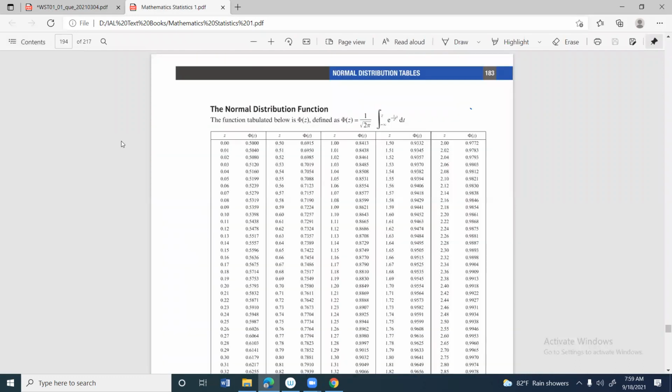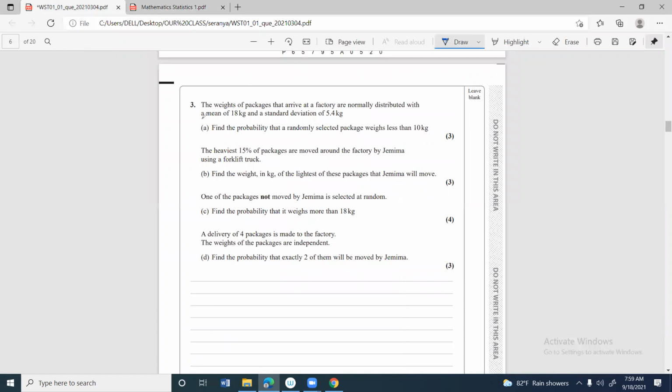Right. Let's go back to this question. The weight of a package that arrives at a factory is normally distributed with mean 18 and standard deviation of 5.4 kilograms.